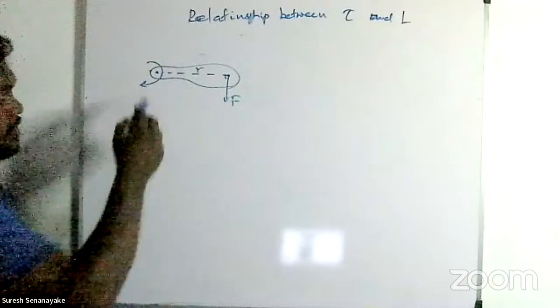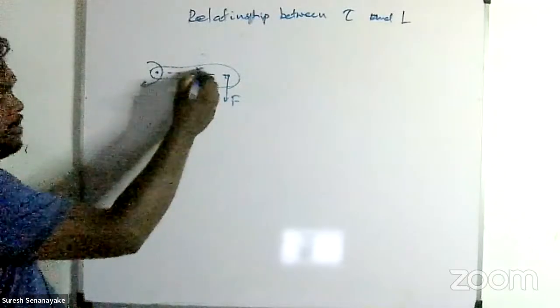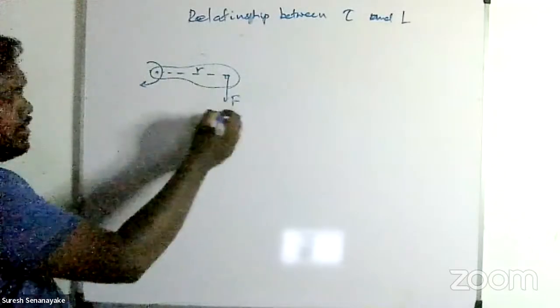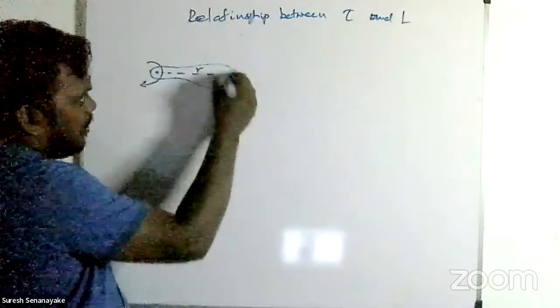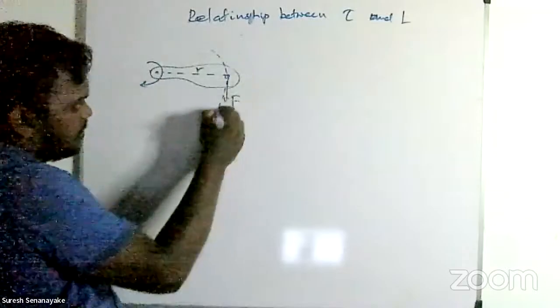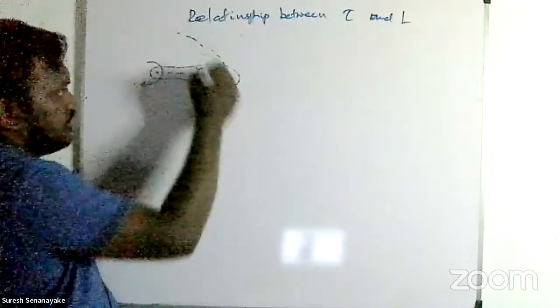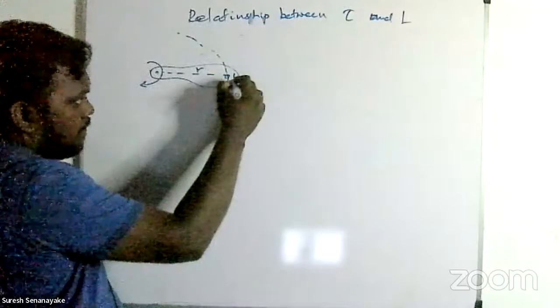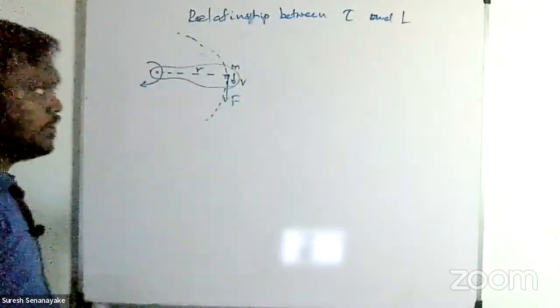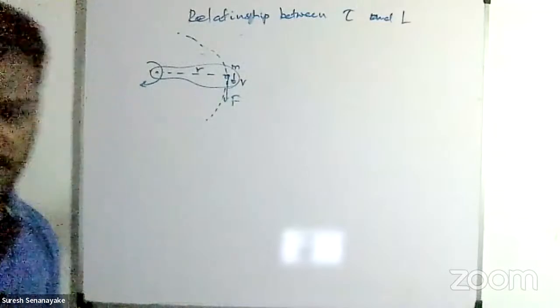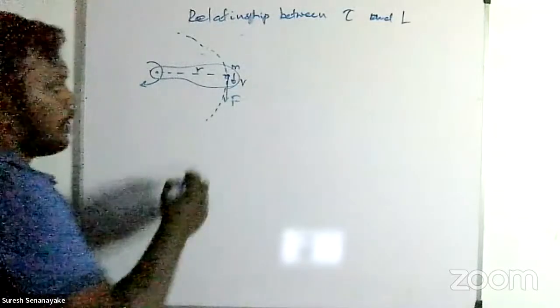The distance to this point is R, right? This point rotates in this path, and the velocity at this point, let's say v, and the mass of this point, let's say m. For a small particle we are considering this.